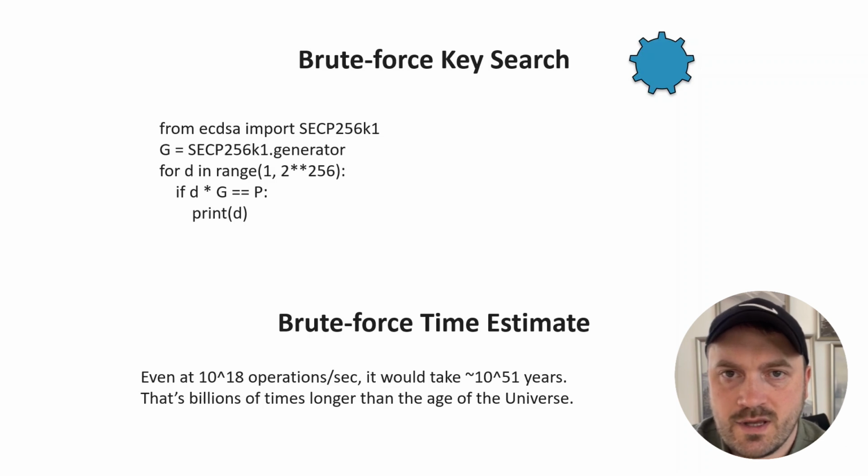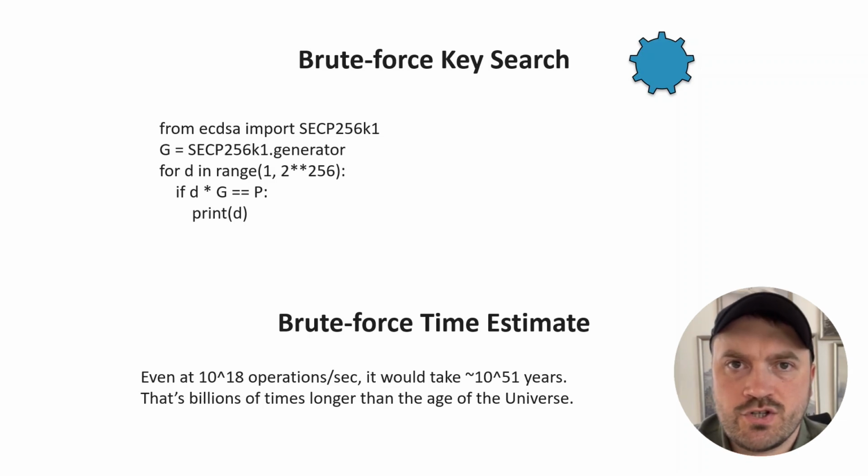In practice, a private key is a random number between 1 and 2 to the power of 256. That is approximately between 1 and 10 to the power of 77. How long would brute force take? A full brute force search requires up to 2 to the power of 256 operations.